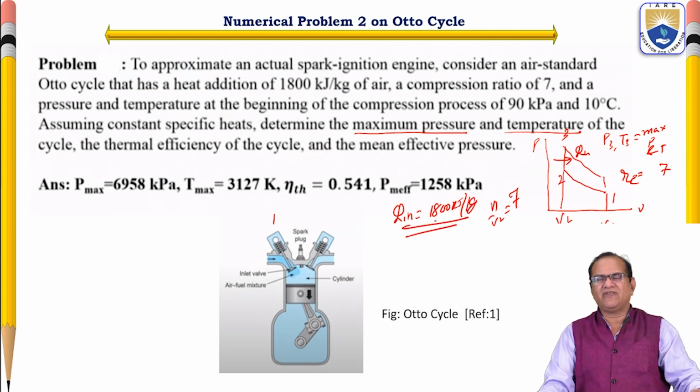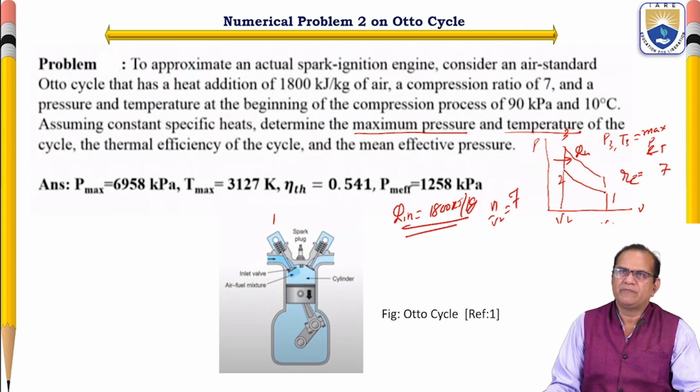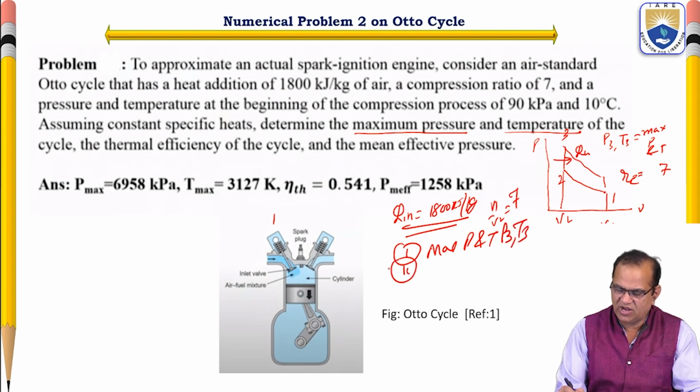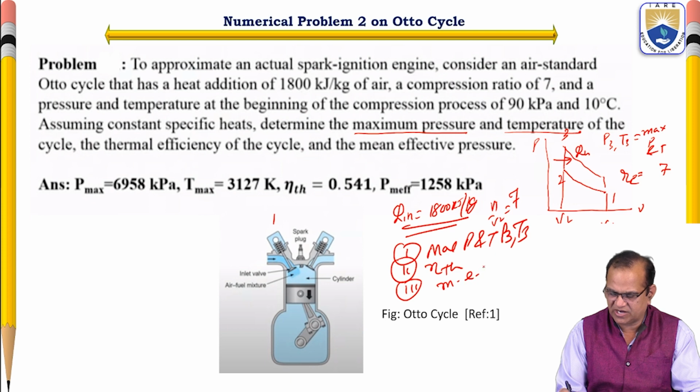These things are given and we have to find out the maximum pressure and temperature, that is P3 and T3. Second, we have to find the thermal efficiency, and third, the mean effective pressure.